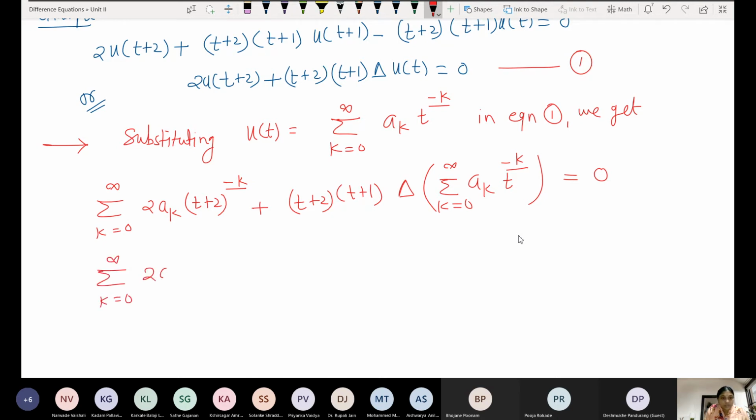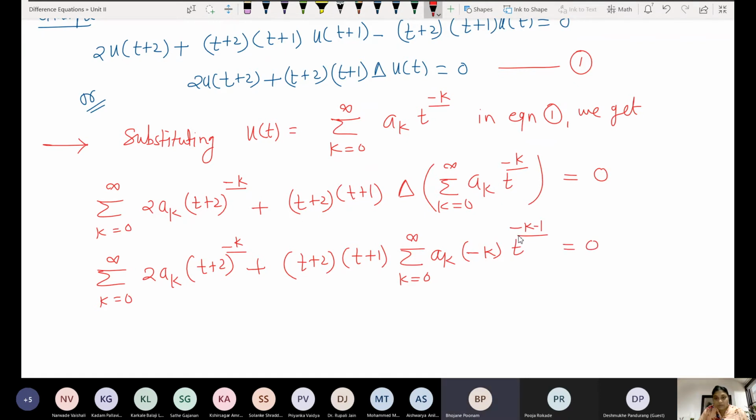Delta is linear, so I can take the summation and a_k outside, delta of t to the minus k falling. What is delta of t to the minus k falling? It is minus k times t to the minus k minus 1 falling, right? Yes, ma'am.